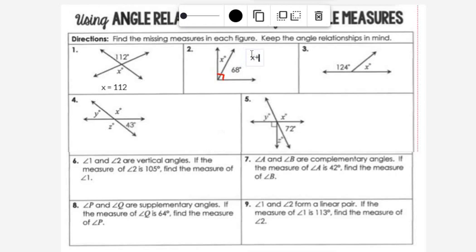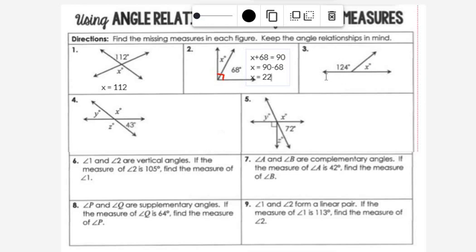So if we form an equation, x plus 68 equals 90, therefore x must be 90 minus 68. 90 minus 68, well, that is 22.